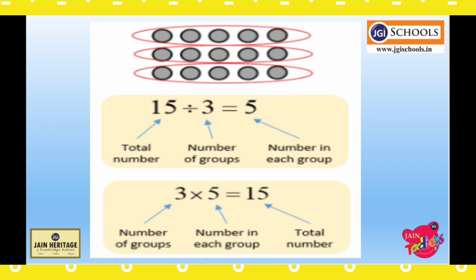If you recite the table of 3, 3 fives are 15. So 5 is the number in each group, 3 is the number of groups, and the total is 15. Similarly, if you multiply 3 by 5, you will get 15. So that is the relationship between multiplication and division.